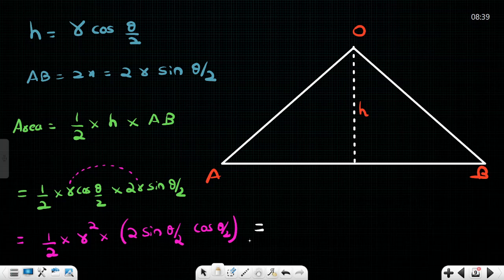One second, Akshita. Now it will be half into r square into, in trigonometry the formula is there, that 2 sin theta by 2 into cos theta by 2 is nothing but sin theta.